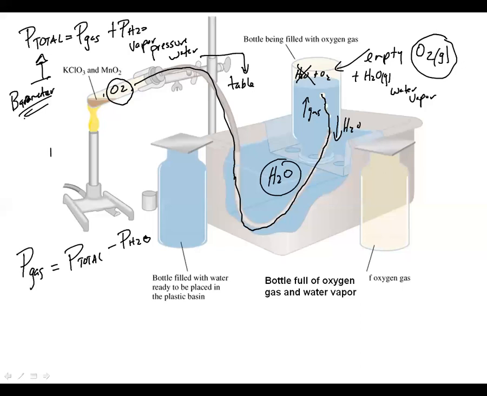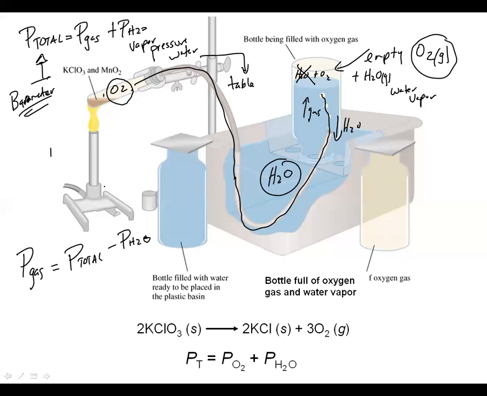And you have to sort of do this correction factor where you subtract off the water vapor pressure. And that's what we see here. Again, we would subtract off the vapor pressure of water from the table, less the total pressure, will give you just the pressure of the dry gas you're interested in.